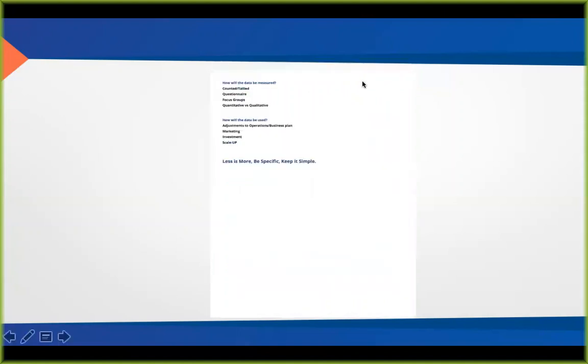And then the second page, think about how you're going to measure this data and how you're going to use the data. And this is very key. So just to reiterate, the data can be used to adjust your business plan, your operations, your staffing, really link those indicators into how your business is being run.